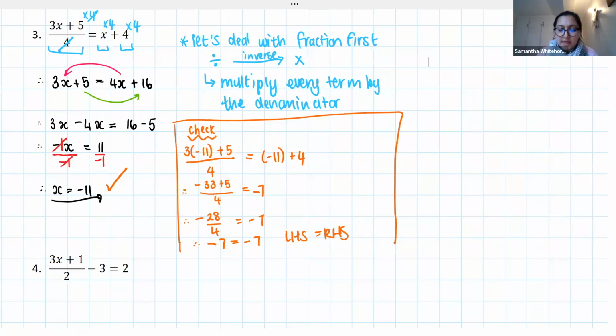Okay, so we're solving for x. Remember your inverse operations. Remember what to do when there's a fraction, as I've already explained.